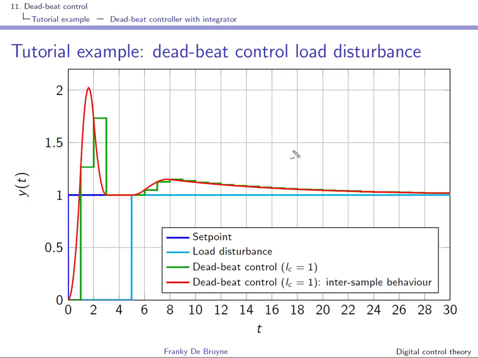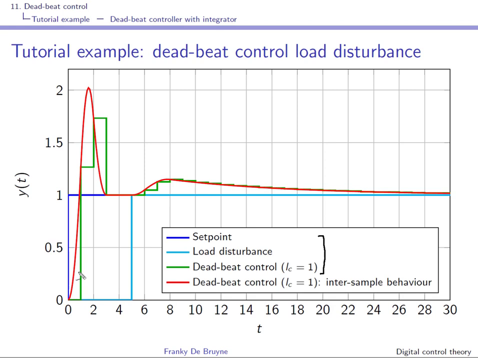We can now have a look at a load step disturbance. Here the Matlab code to do this is not given. You'll have to think and see how you can do it yourself, but the first 3 curves could be coming from a Matlab simulation, because you have the information at the sampling instance.